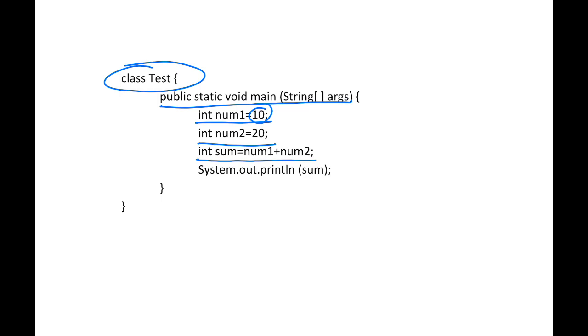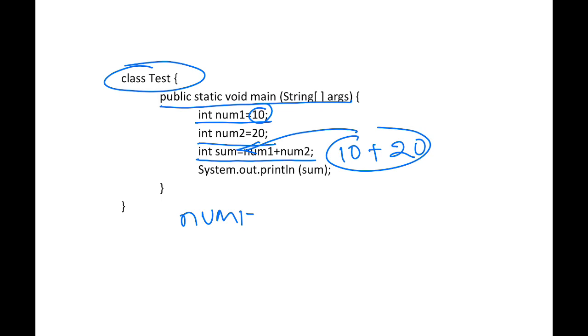That means the value of sum becomes 10 plus 20, so that is equal to 30. So we are assigning the value 30 to sum. So now you can see the value of num1 is equal to 10, the value of num2 equal to 20 and the value of sum equal to 30.